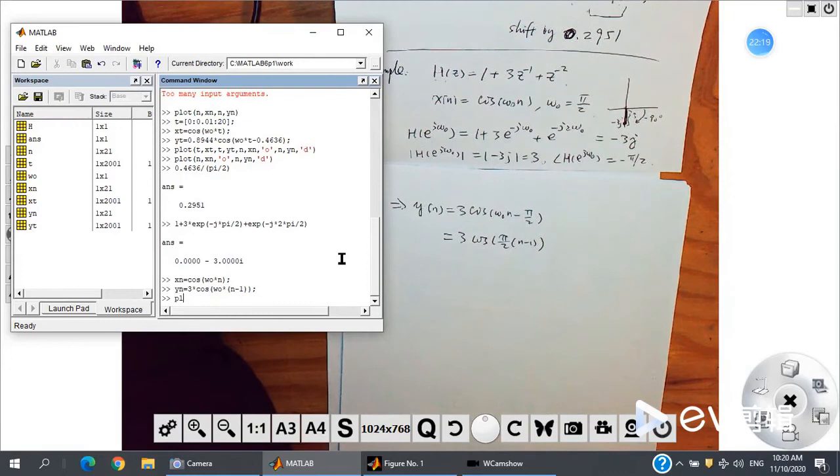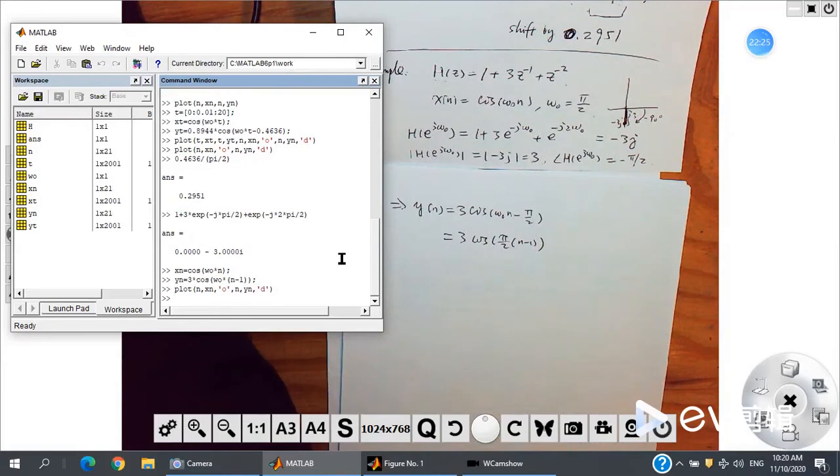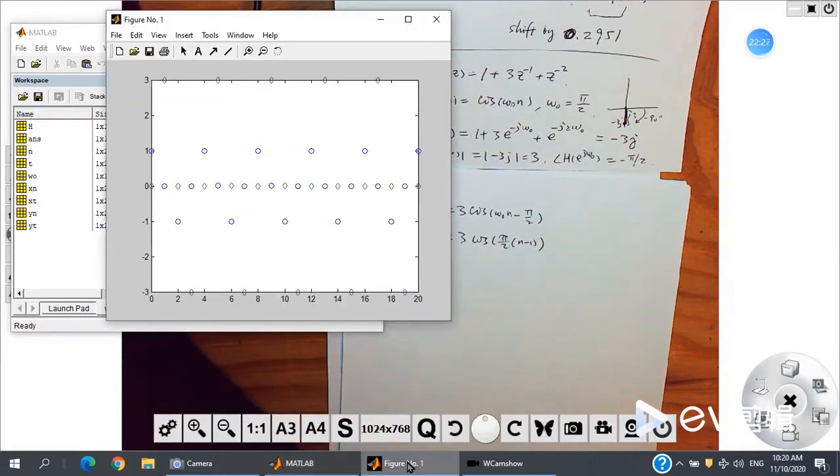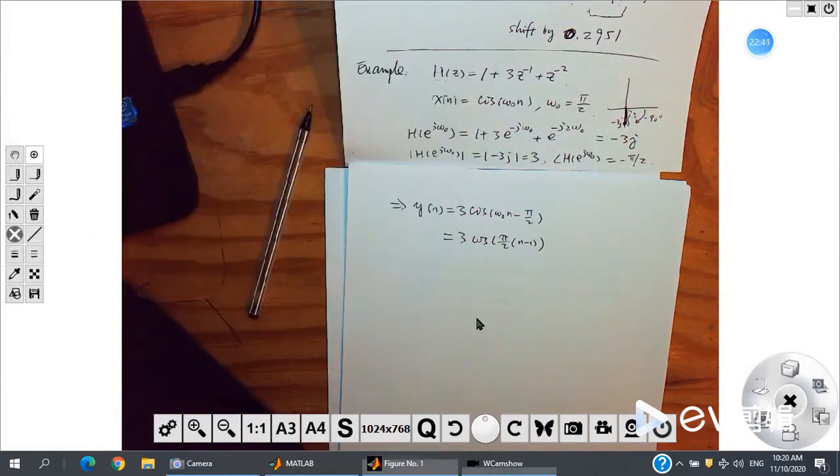Then let me plot x and y. Oh, they merge together, you see? Not merge together. They have some up and down. Okay, I still need the background curves.